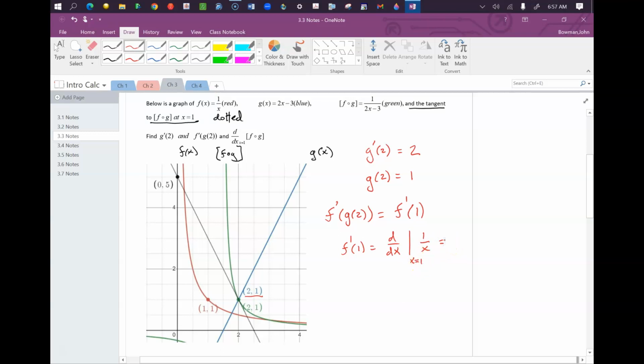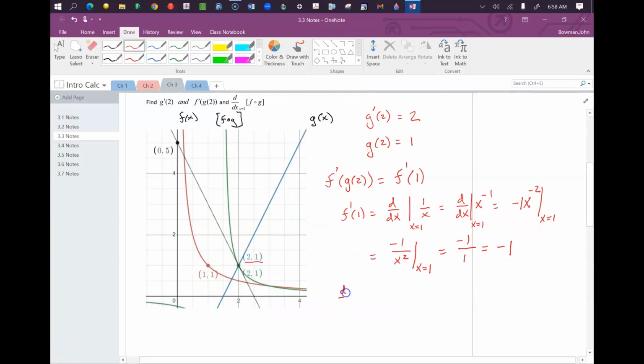Well, that can be written using exponents. We can say that's the derivative of x to the minus 1, and we're going to evaluate that at x equal 1. We can now use the power rule for that. The power rule gives negative 1 x to the negative 2, and we evaluate that at x equal 1. Rewriting it with a positive exponent, that would be negative 1 over x squared evaluated at x equal 1, which is negative 1 over positive 1, which is negative 1.